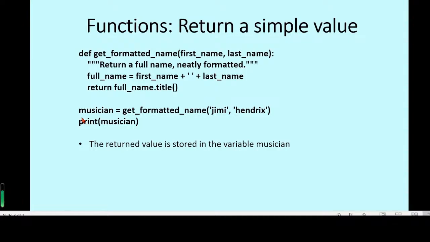So when we call this function get_formatted_name with input information for first name and last name, the return value of this full name's title form will be saved back to musician. Then next we can print this musician.